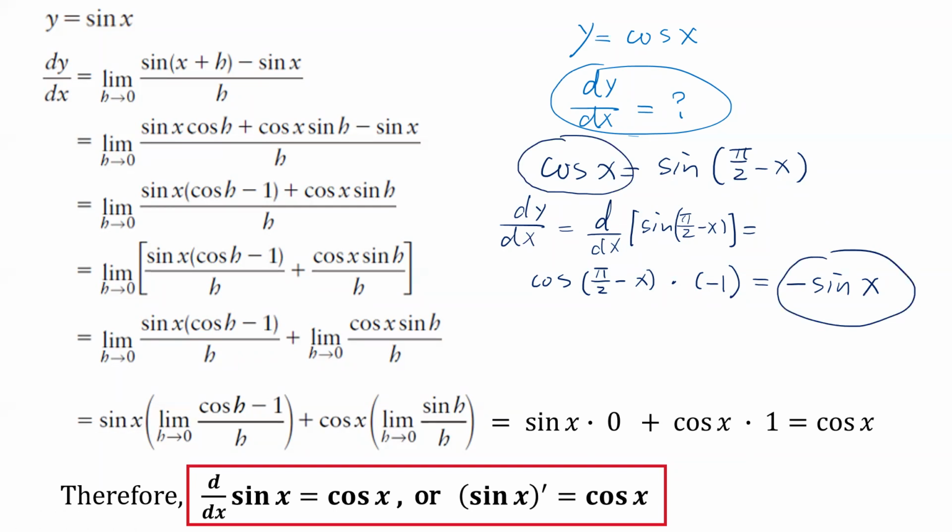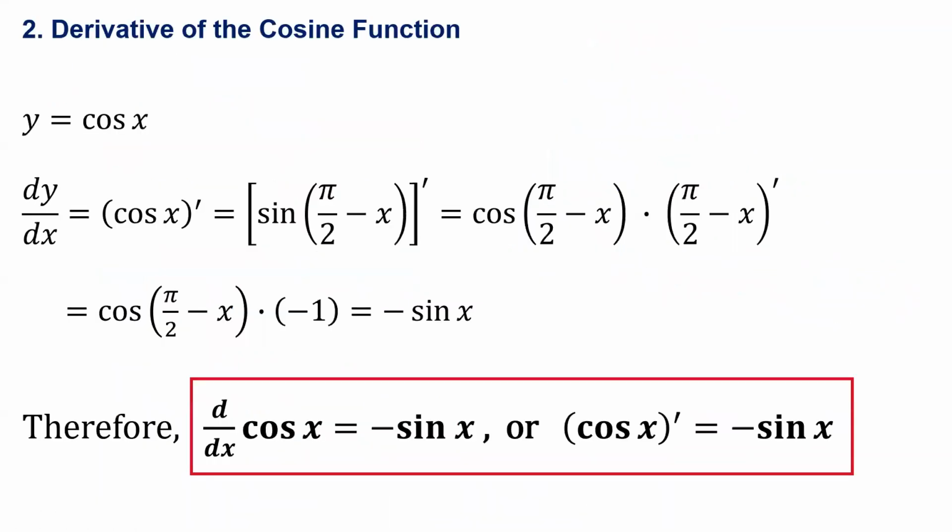Can you follow me? Okay, so let's make a summary here. If y equals cosine x, then the derivative of cosine x, which can be expressed as dy by dx, equals the derivative of sine of half pi minus x, and this can be evaluated as negative sine x.